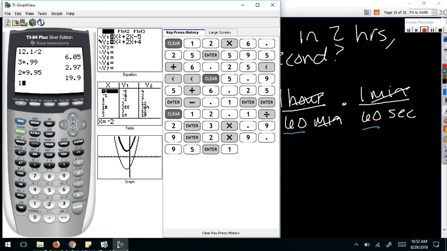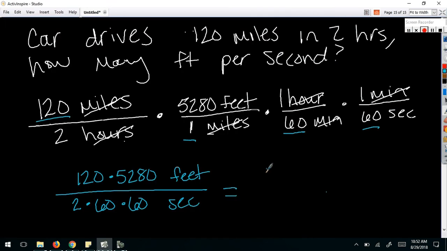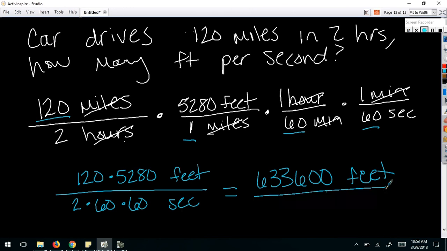120 times 5,280 is 633,600 feet. I just multiplied those two numbers together. 120 times 5,280. 60 times 60 would be 3,600 times 2.